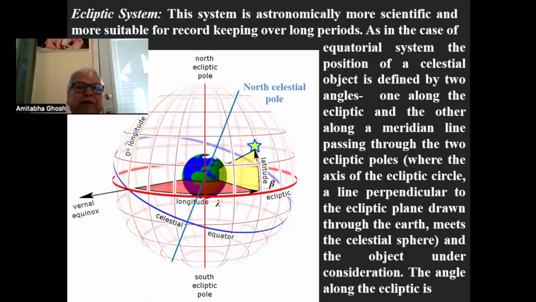So how can we take this as a reference point? If you decide the longitude to be something, after a couple of hundred years the longitude will be different, because the point has shifted towards the west. So longitude is not a constant thing over large periods of time according to the Western system.